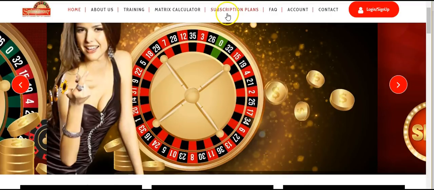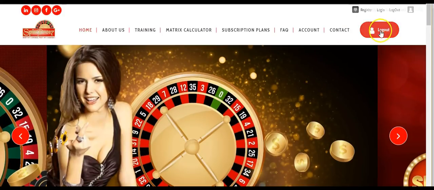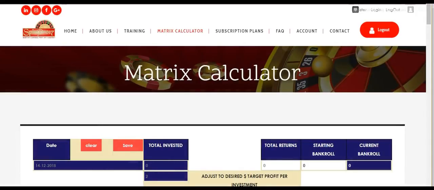You would want to sign up, and once you sign up, we're going to show you when you log into the matrix calculator how that works. Once you log in, simply click on matrix calculator, and the matrix calculator will pop up.